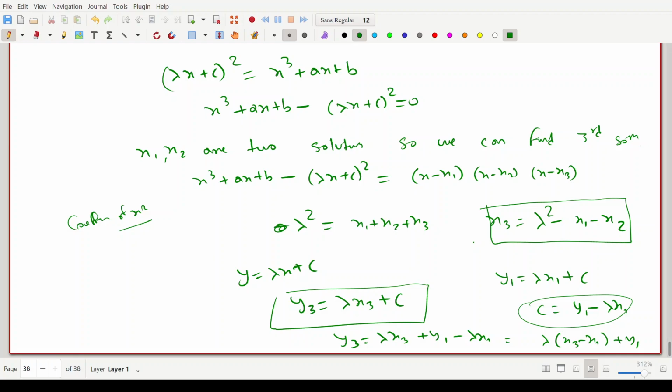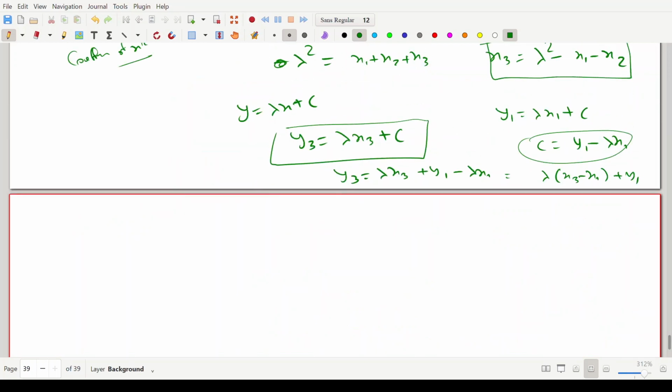So this is the value of x3. So at last your p plus q will be x3 comma minus y3. So I got the value of x3 as lambda square minus x1 minus x2, and y3 I got as y1 plus lambda times x3 minus x1, correct?